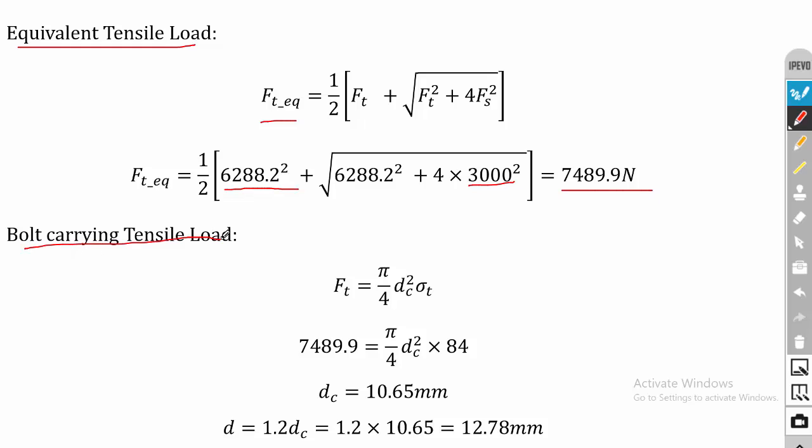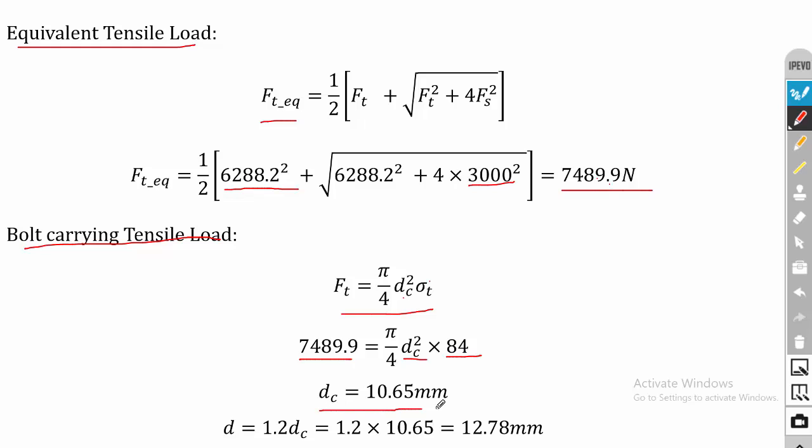So finally, after calculating the load, the bolt carrying tensile load, we know that the stress equation is Ft equal to pi by 4 dc square into sigma t. Sigma t is given as 84 in the problem. Ft I have calculated is 7489.9. I can calculate the value of dc, that is the core diameter.